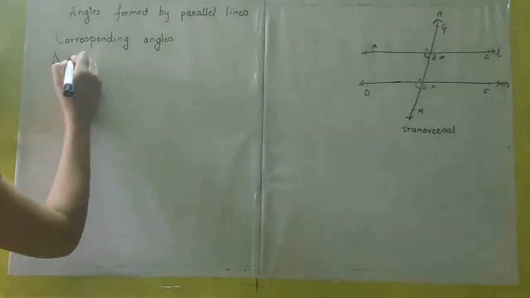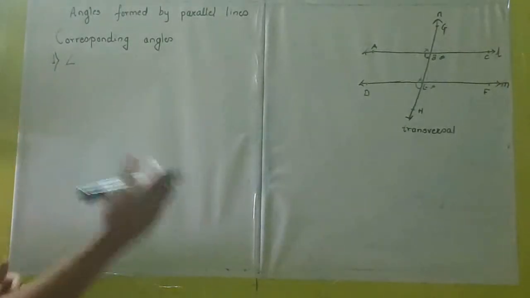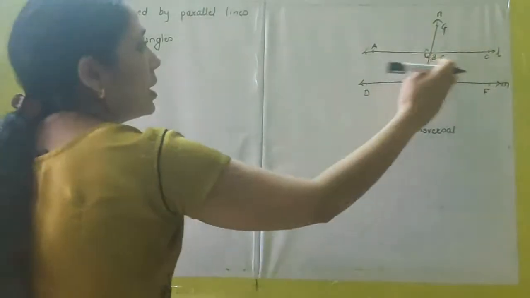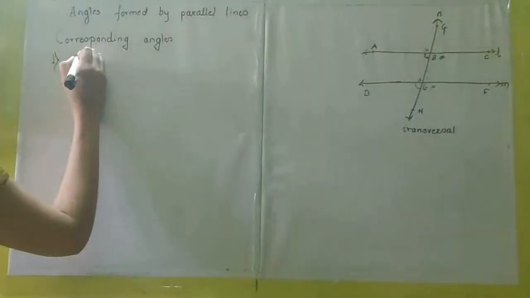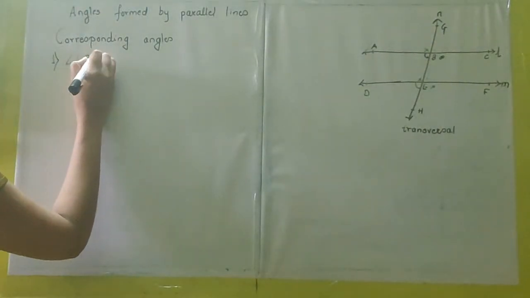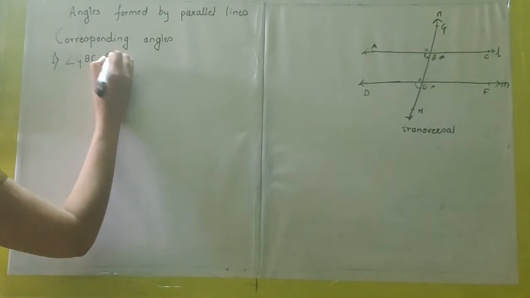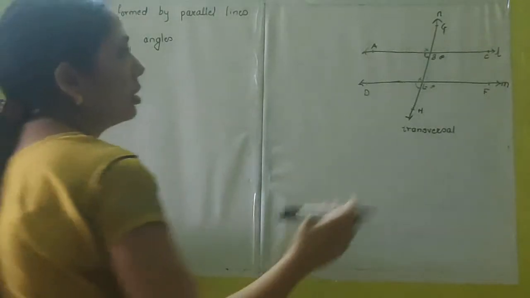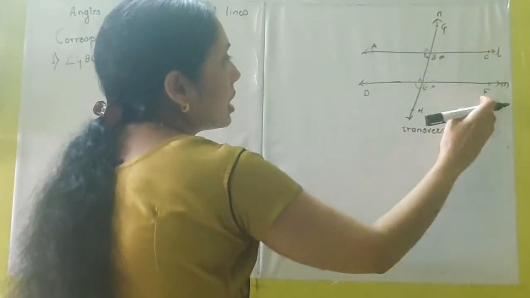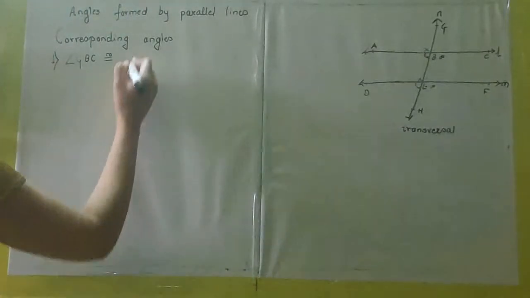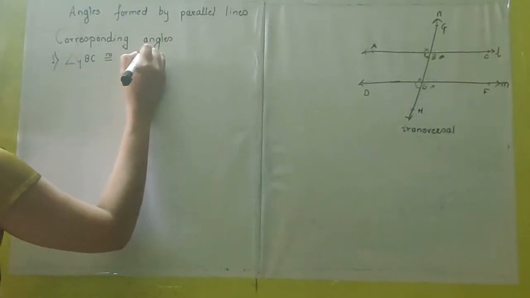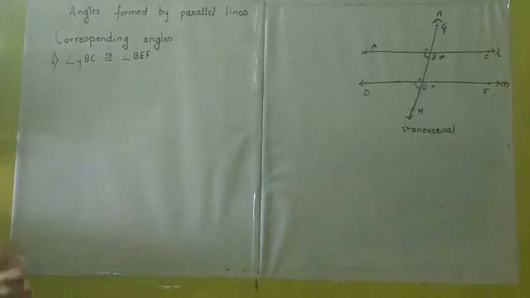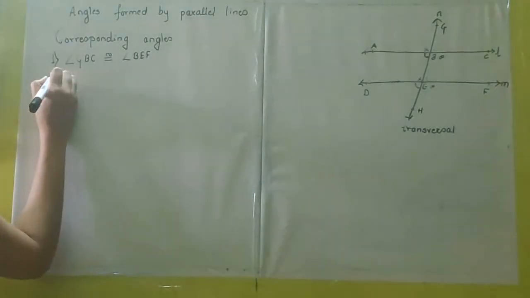So I'll write the first pair: angle GBC is congruent to angle BEF. First pair.